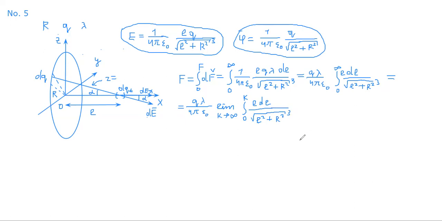So it is necessary to calculate the integral. So let's do this. Integral from 0 to k of L dL divided by (L squared plus R squared) to the power of 3 over 2.